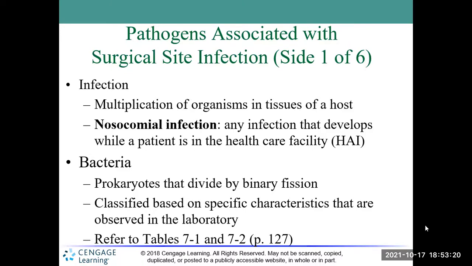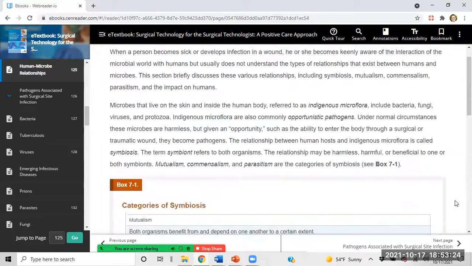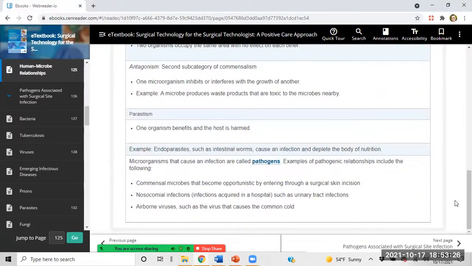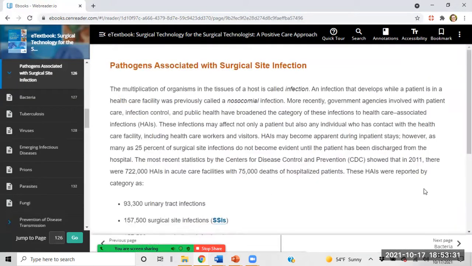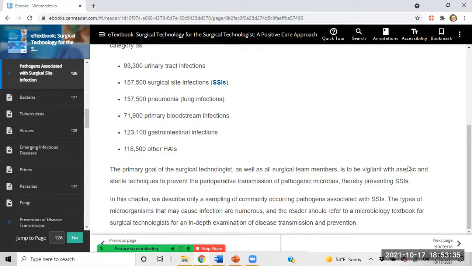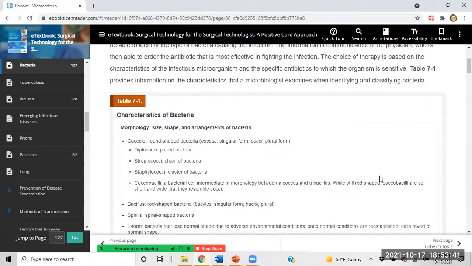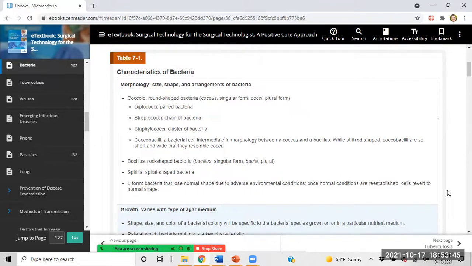I'm going to switch back over to table 77-1 so we can look at that table. There's a ton of different types of SSIs, as they're called, meaning surgical site infections. Here's the table. We're looking at the different morphology, which means the size, shape, and arrangement.